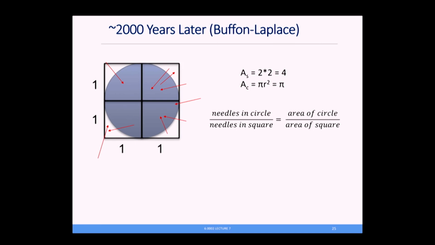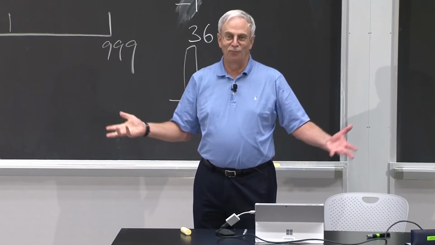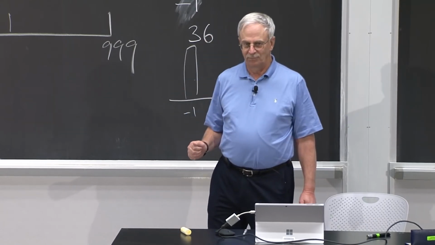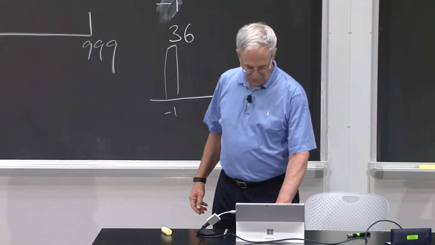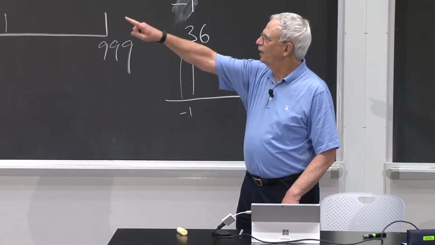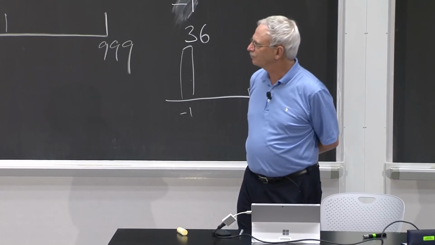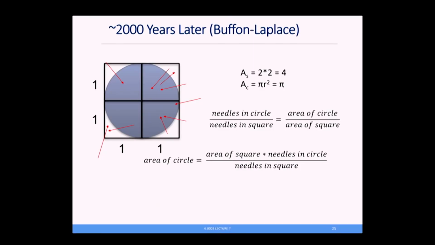And then they said, well, since they're falling at random, the ratio of the needles in the circle to the needles in the square should exactly equal the area of the circle over the area of the square. Exactly, if you did an infinite number of needles. Does that make sense? Now, given that, you can do some algebra and solve for the area of the circle and say it has to be the area of the square times the number of needles in the circle divided by the needles in the square.